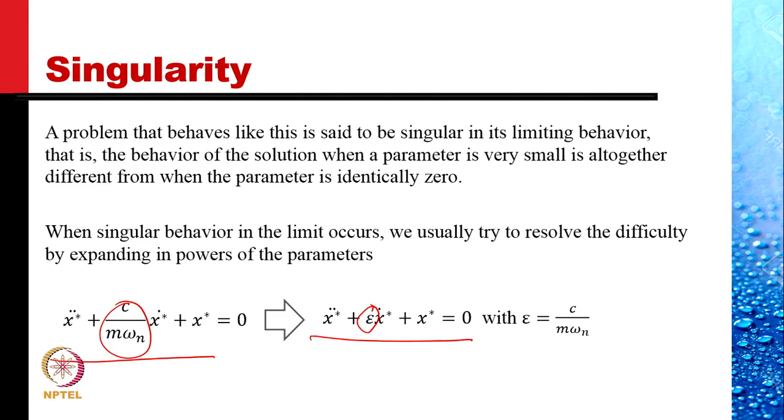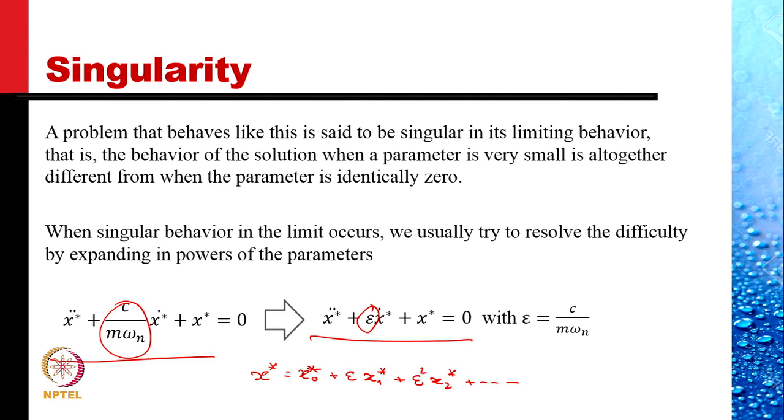Epsilon is small. Now we obtain a series solution of this equation. We assume that x star is equal to x naught star plus epsilon x1 star plus epsilon square x2 star, and so on.